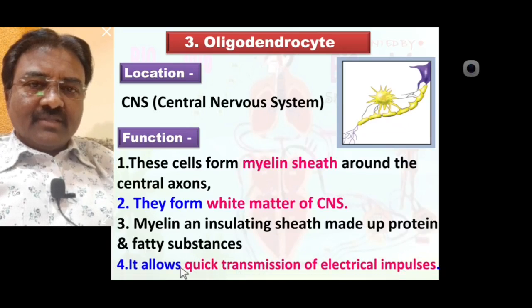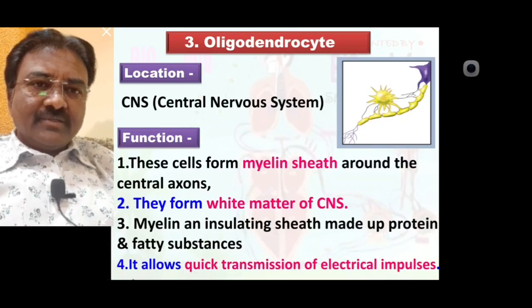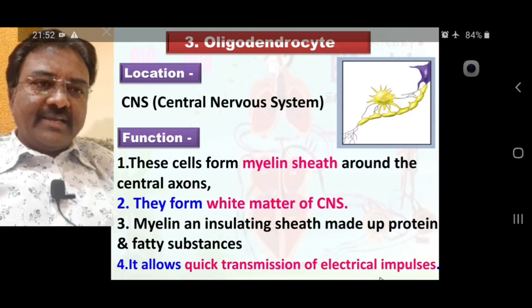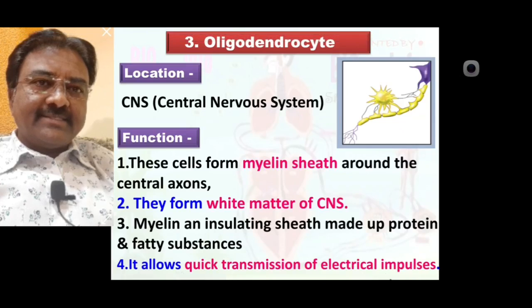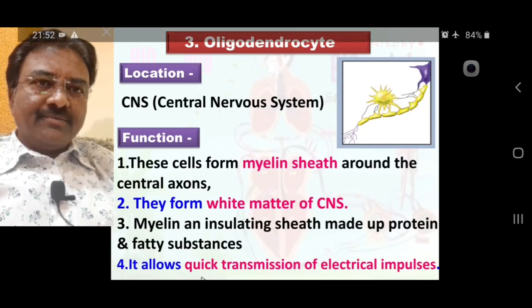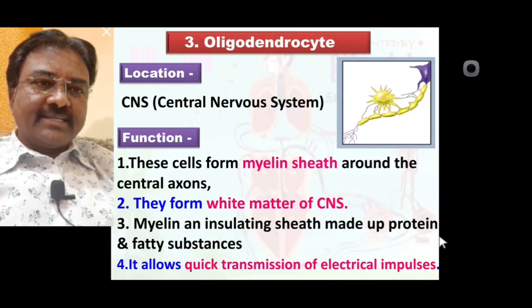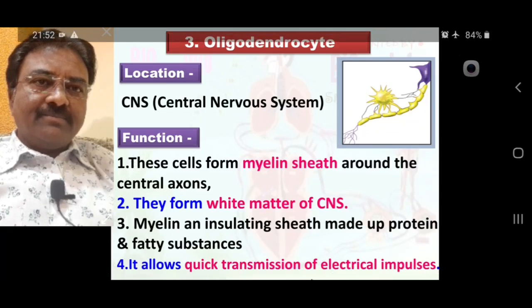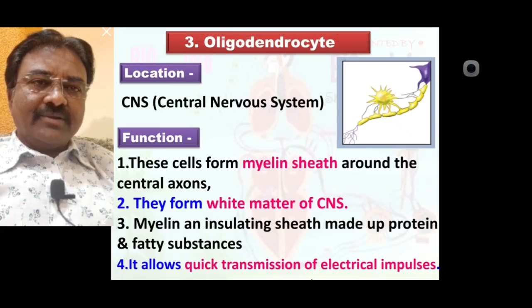Now it allows quick transmission of electrical impulses. Oligodendrocyte allows quick transmission of electrical impulses. Note all these different functions of oligodendrocyte. What is actual oligodendrocyte? Hope that you understood everything.